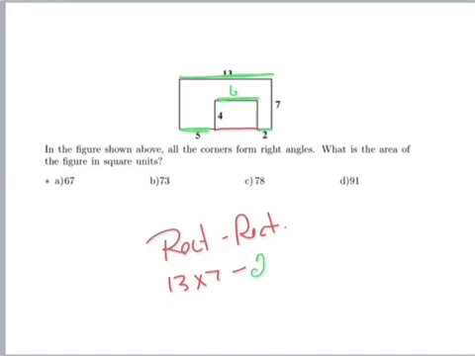So that gives me an area of 4 by 6. So we're going to get 91 minus 24. And that should give us an answer of 67.